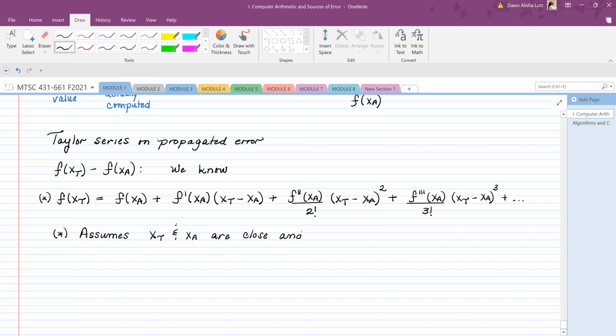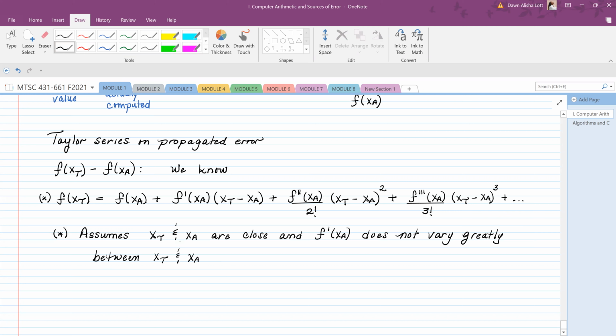And it also assumes that the derivative at x approximate does not vary greatly between x true and x approximate.